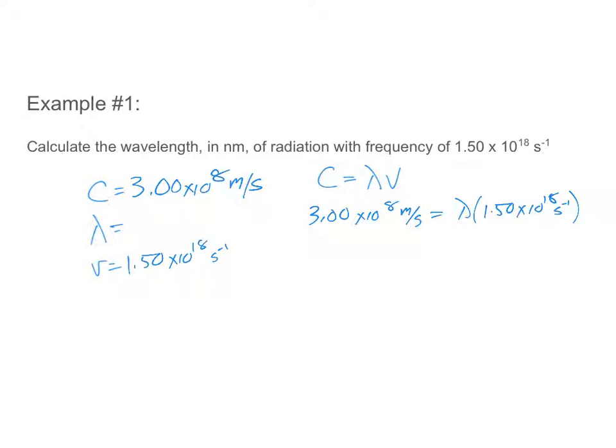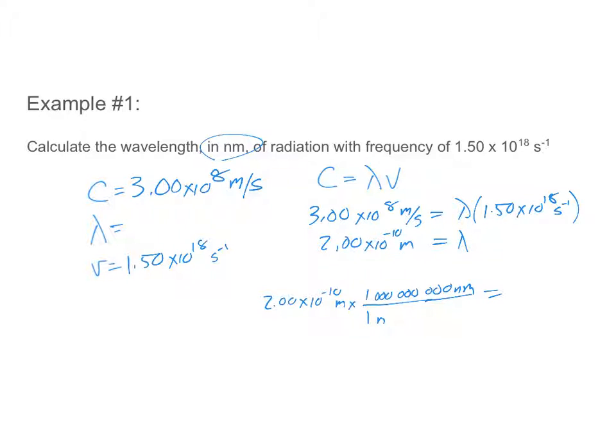So we rearrange the formula, or we basically solve for wavelength, and you should get a value somewhere in the ballpark of 2.00 times 10 to the negative 10, and that's meters. This problem asks us to have it in nanometers, so I have to convert that. 2.00 times 10 to the minus 10 meters, where 1 meter is equal to 1 billion nanometers.